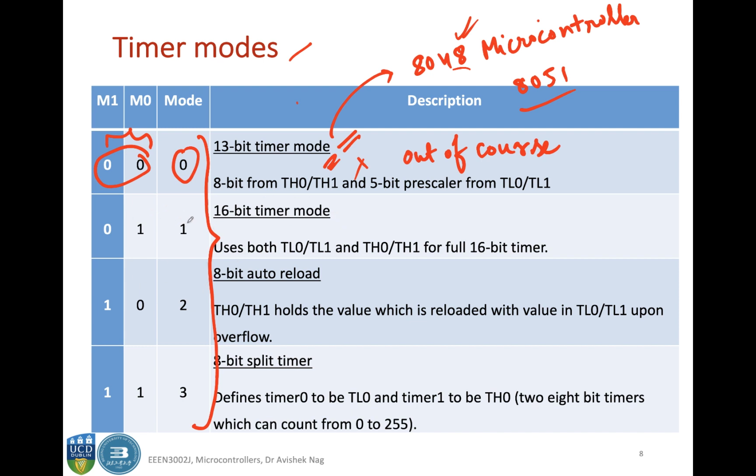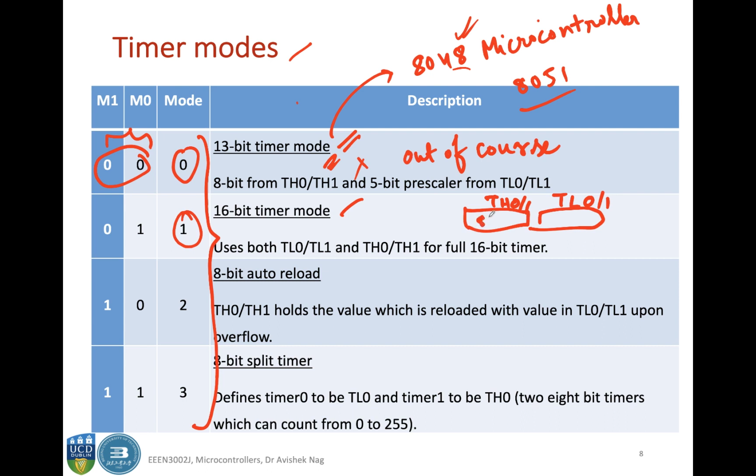This is mode 1. This is the 16-bit timer mode. It uses both the TL and TH registers for a full 16-bit timer. This could be 0 or 1, this could be 0 or 1.